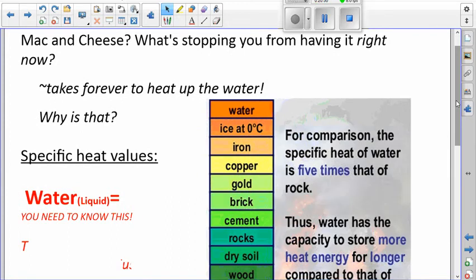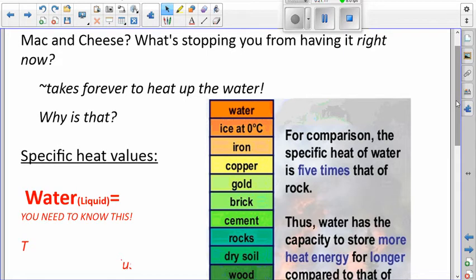Now, don't write anything down yet. I'll tell you when there's one thing you need to write down. Let's just talk for a second. If you ever thought to yourself, oh man, I could go for some mac and cheese right now, are you going to be able to make mac and cheese in the next 30 seconds? No. Why not? Because it takes longer. It takes forever to heat up that water.